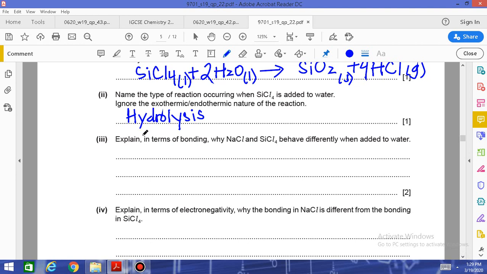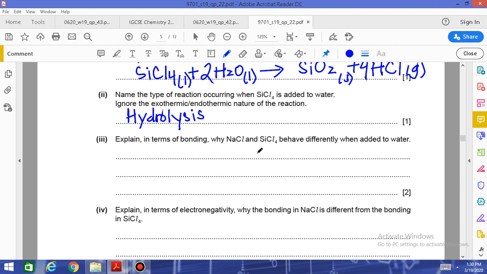Next, explain in terms of bonding why sodium chloride and silicon tetrachloride behave differently when added to water.